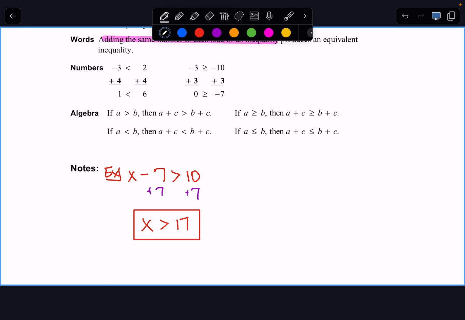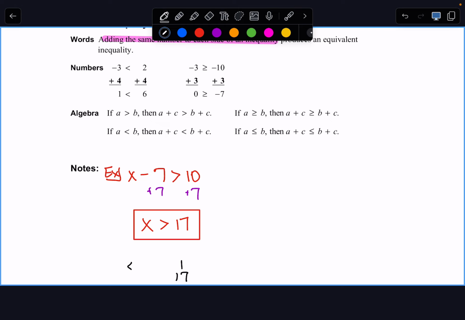Now, if I ask you to graph this, then at 17, would we have an open or a closed circle? Open. Why is it open?